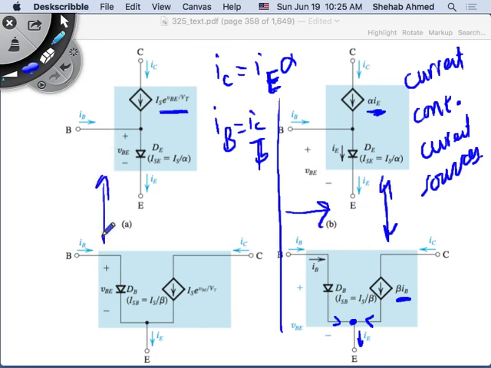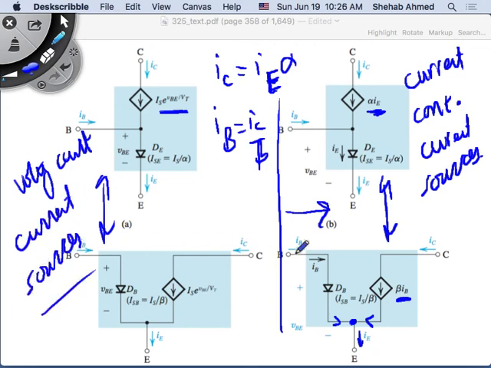And these two are voltage controlled current sources. In MOSFET, we couldn't switch between them. Here you can switch. Depending on what you're given in the problem, you will choose this model or this model or this model or this model.